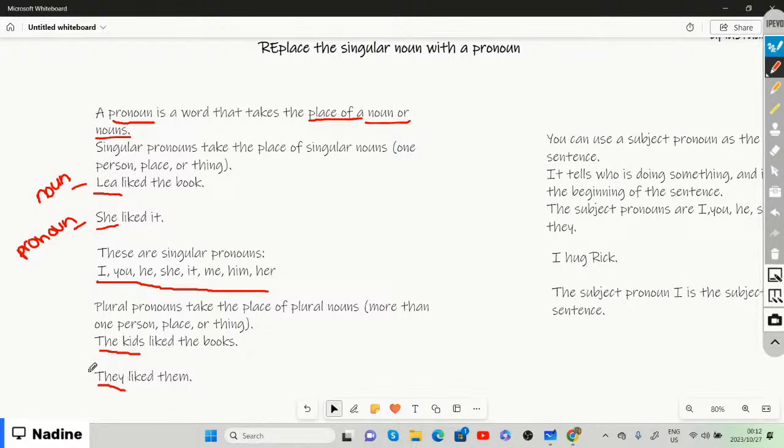So they refers to the kids. We can also use books as a noun, which is a common noun, and then them refers to the books. It's the pronoun for the books. And these are plural pronouns.